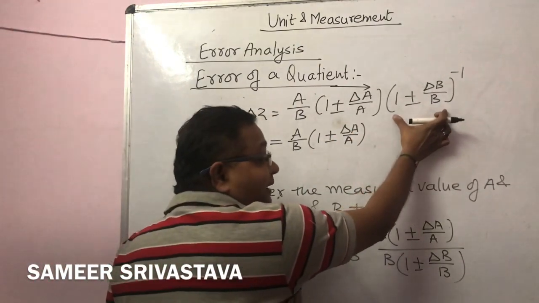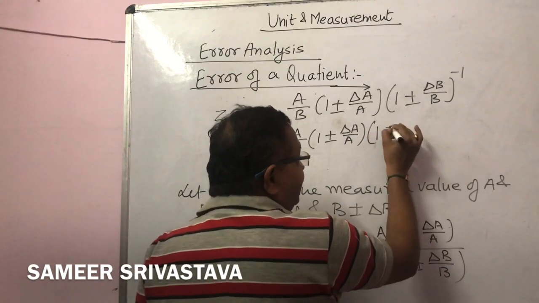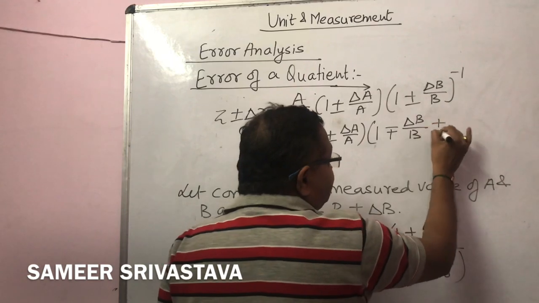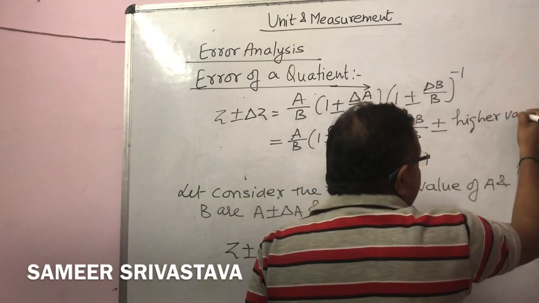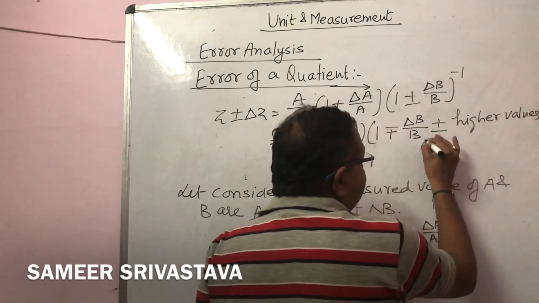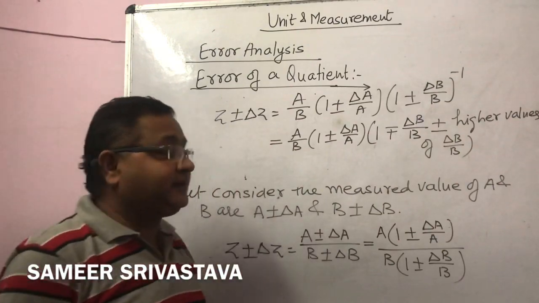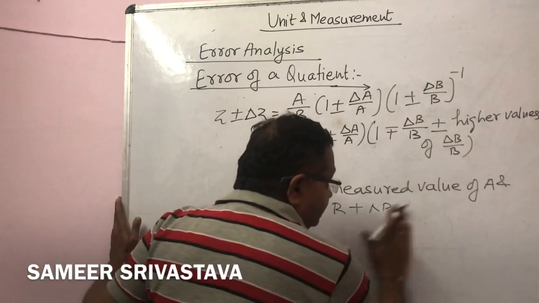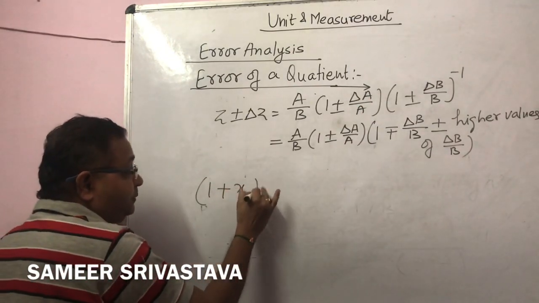Here we use the binomial theorem, and we can write this as 1 minus plus delta B upon B plus minus higher terms of delta B upon B. How can we write this? Let me explain this term, 1 plus x to the power minus 1.